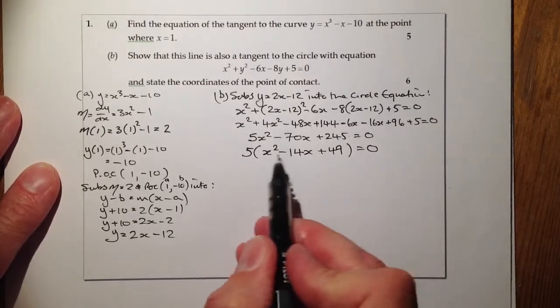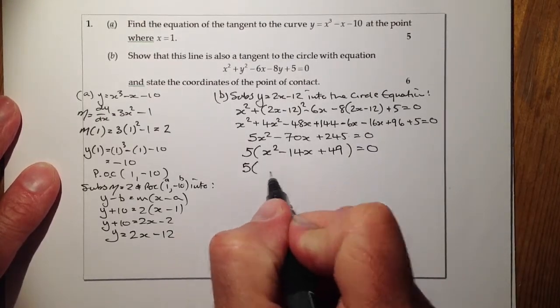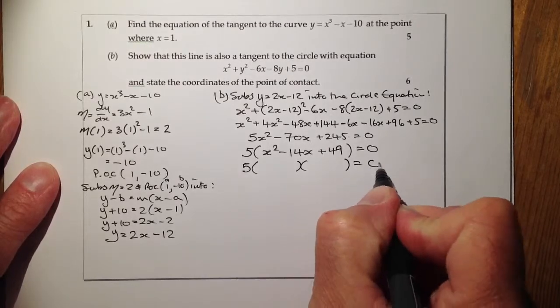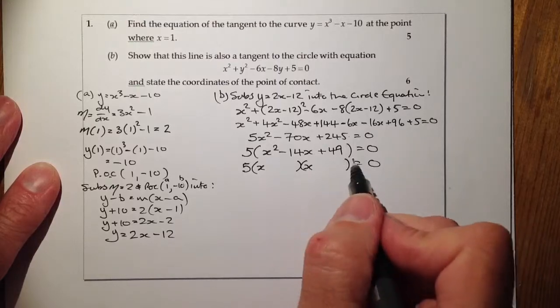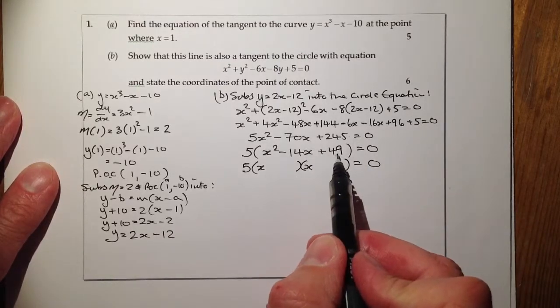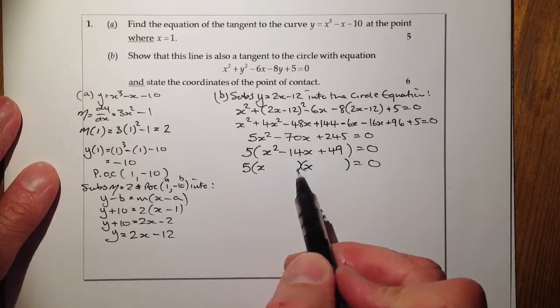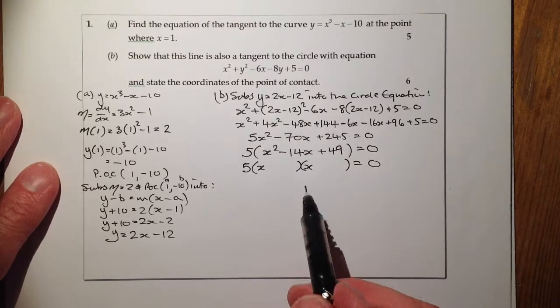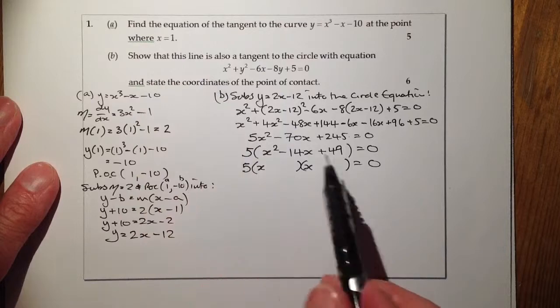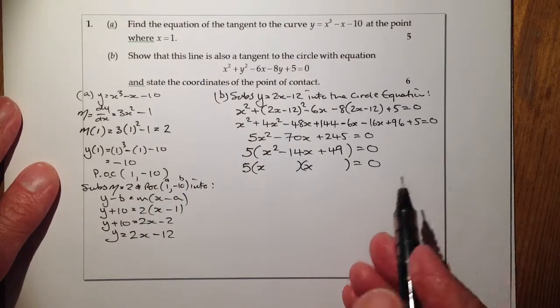Right, I'll factorise this part first of all. Factorising that, x and x multiplied together, I get that. Two numbers that multiply together to get 49, with a sum of 14: 7 and 7. I'm only looking for one point here anyway, and I have to show that, so I would expect these two brackets to be the same.